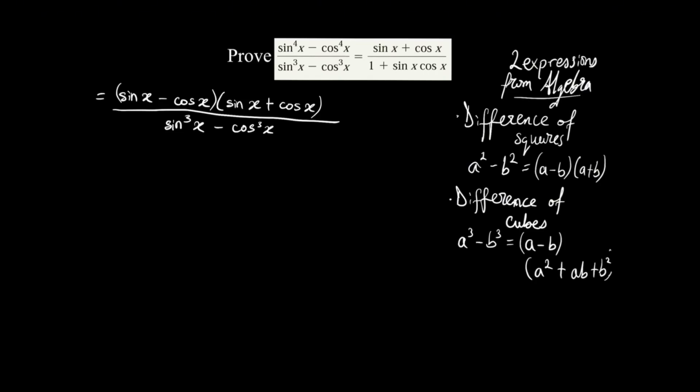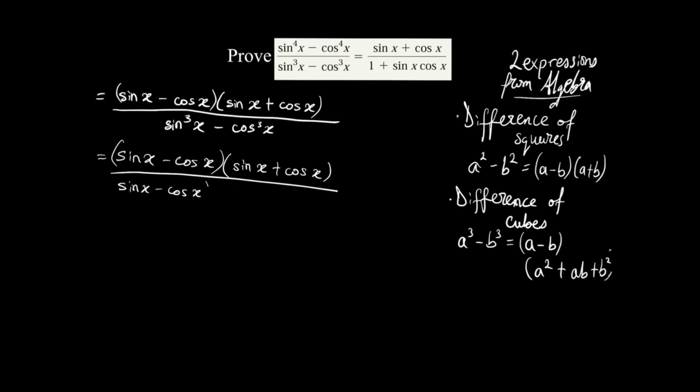So we can use our difference of cubes over here and simplify that such that we can have on the numerator sine x minus cosine x multiplied by sine x plus cosine x, then all this divided by sine x minus cosine x multiplied by sine square x plus sine x cosine x plus cosine square x.